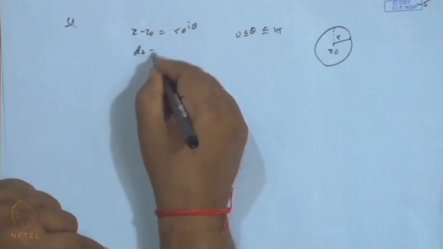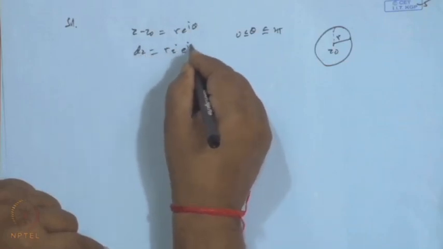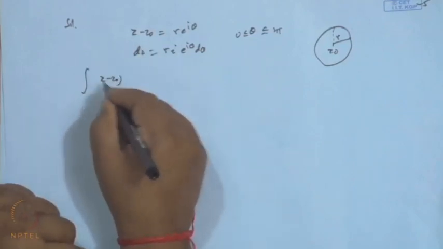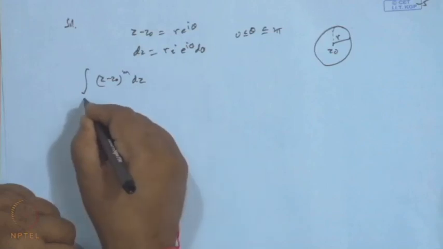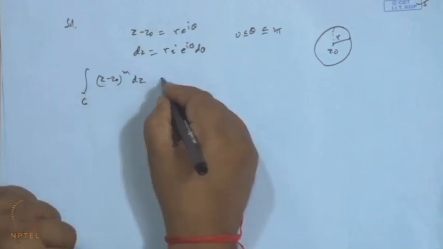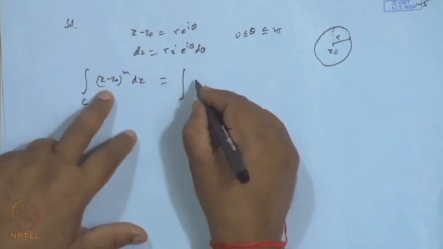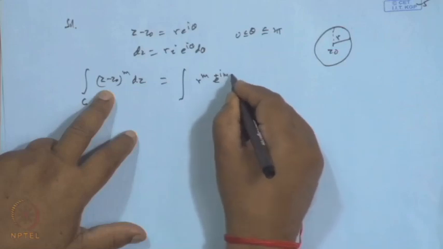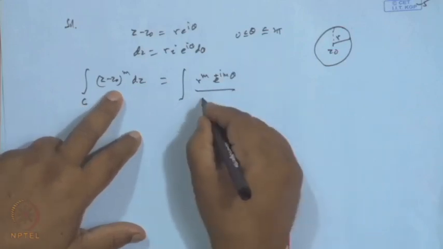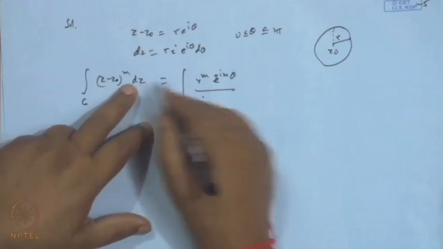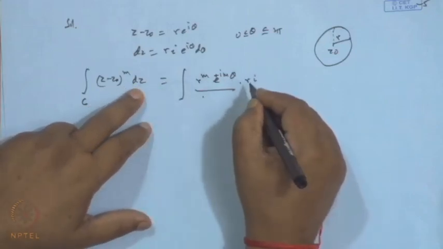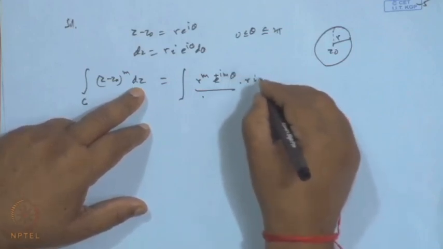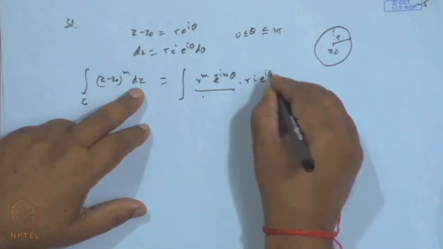So, dz will be equal to r i e to the power i theta d theta, and therefore the integral of z minus z naught to the power m dz along this path C will be, with z minus z naught being r to the power m e to the power i m theta, divided by, then dz is r i e to the power i theta d theta.